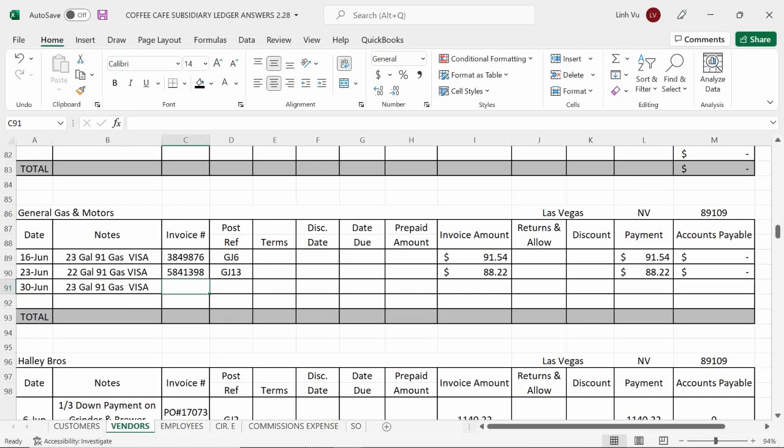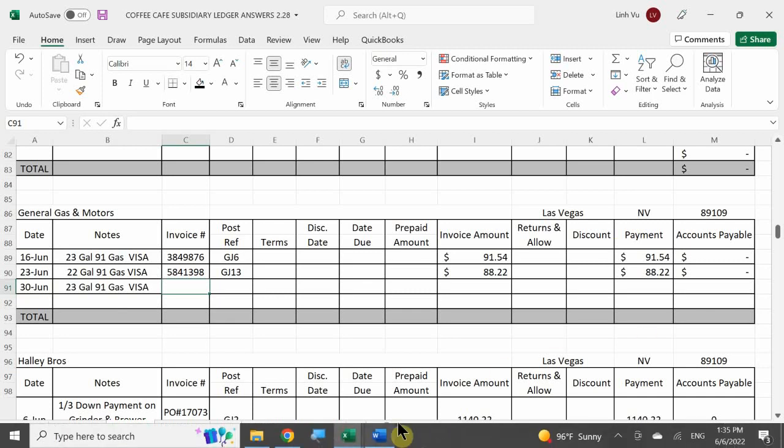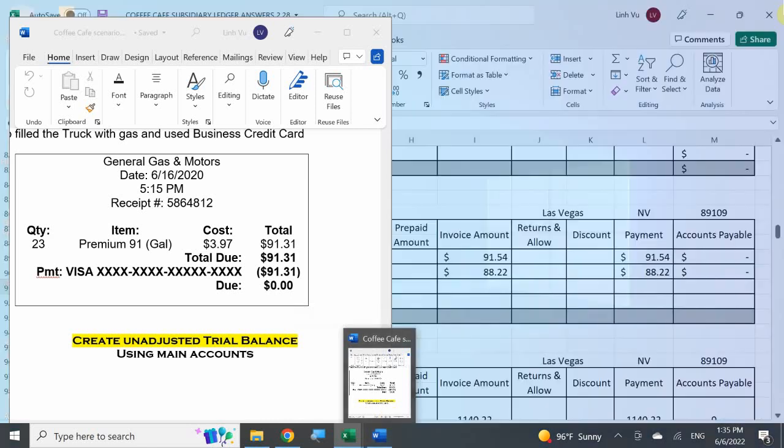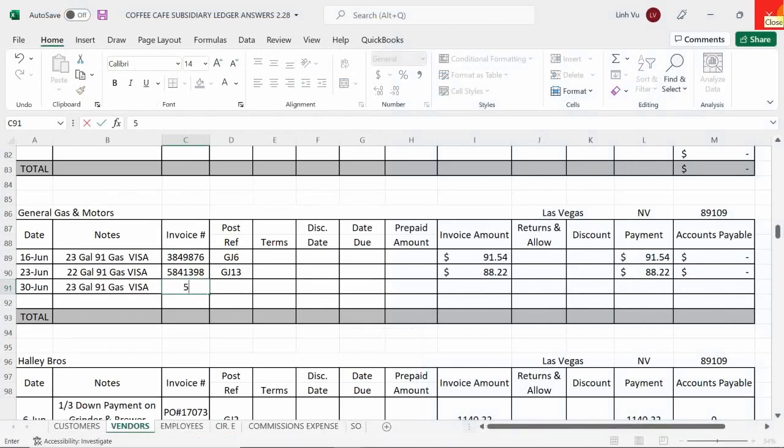The sales receipt number is 586481.2. This was General Journal, page 22.